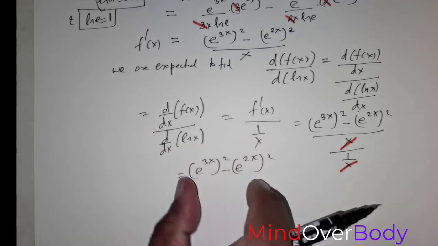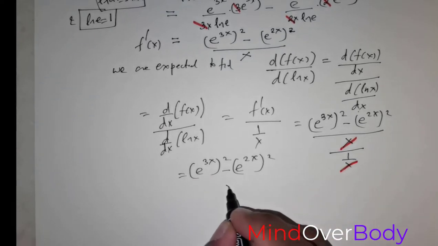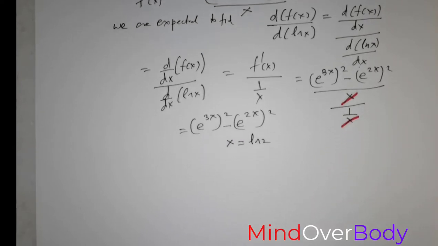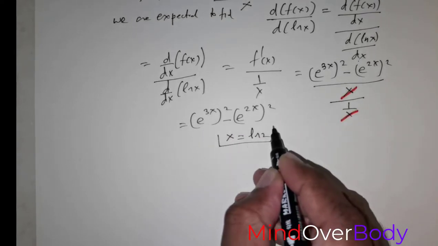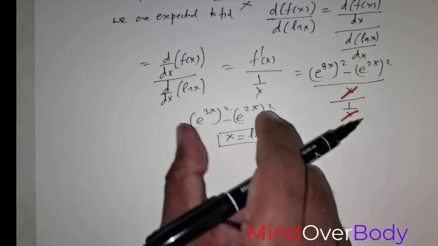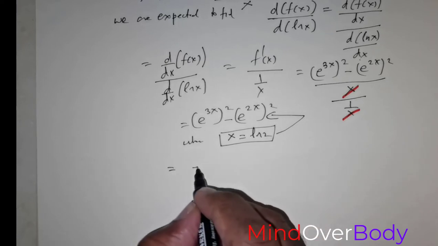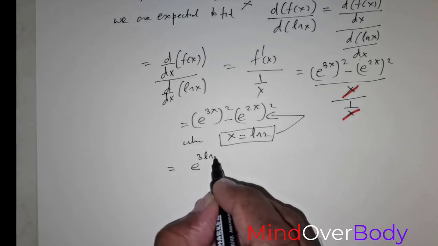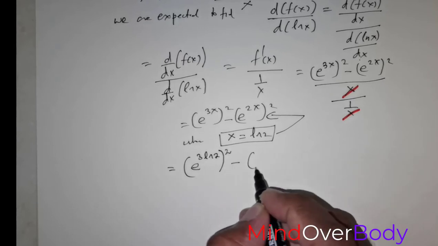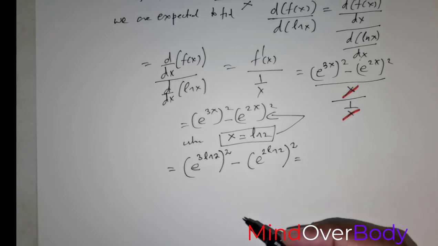Okay, so now the question is not complete as yet. Now we are expected to find the outcome when x is equal to ln 2, right? So take this value, when x is equal to ln 2, we have to substitute the value over here. So this is equal to (e^(3 ln 2))^2 minus (e^(2 ln 2))^2.